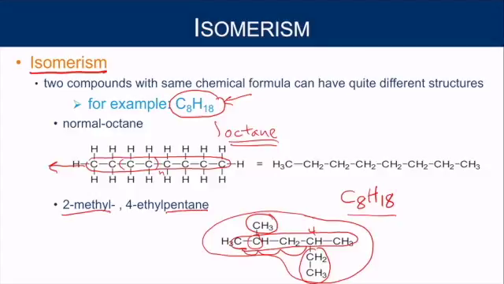So this is still C8H18, but it does not have the same properties as octane. It has 2 large side groups, and if we continued this polymer with this repeat unit over and over again, if we tried to crystallize this material, it would be very difficult because the side groups would get in the way. So this would be more of an amorphous material that would have much different properties than if we kept the orientation just carbons and hydrogens in the same chain. Okay, so that's an example there.